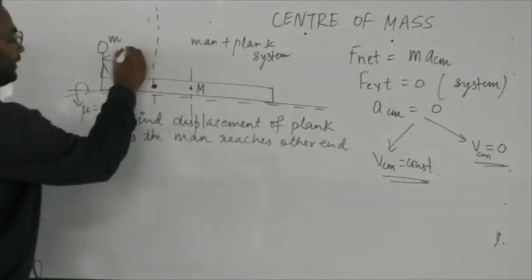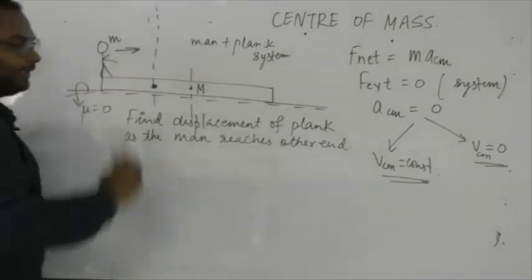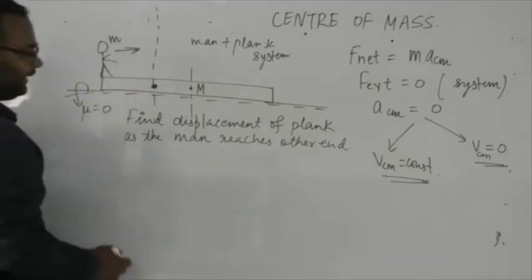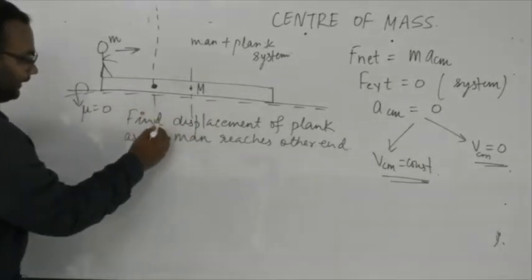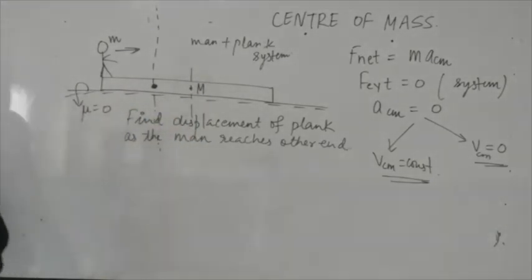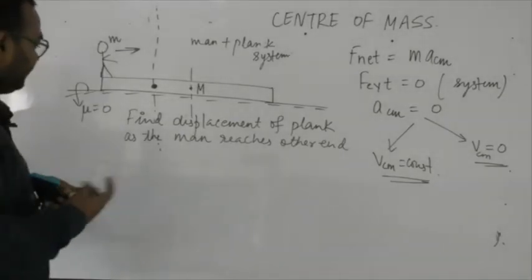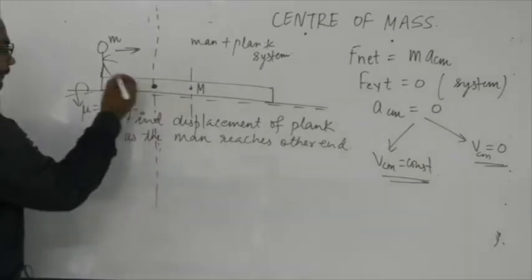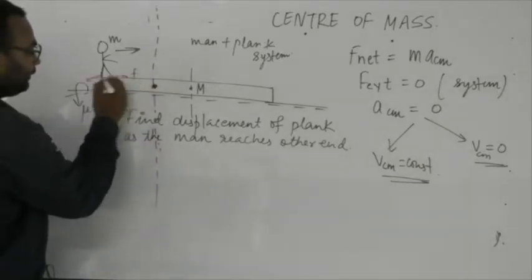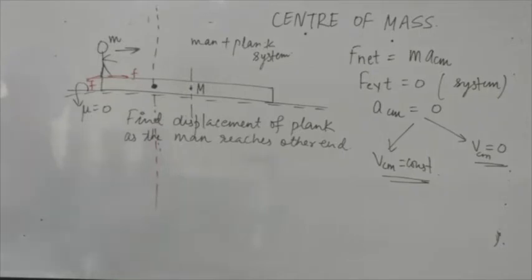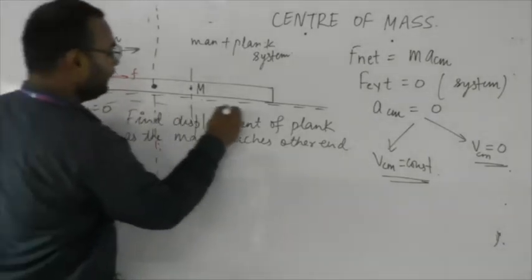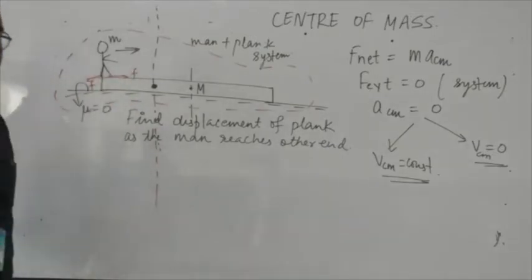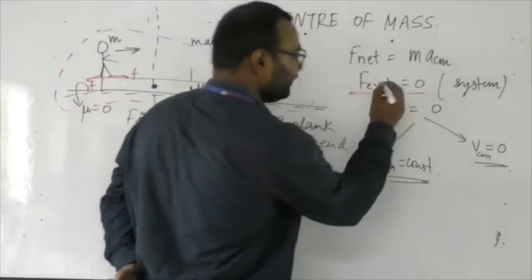So the man is going to the other end. If this is the line of center of mass, when the man walks, there will be friction on both the man and the plank. As a system of man and plank, that frictional force becomes internal force. That means again F external is 0.